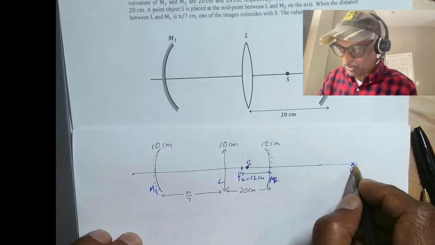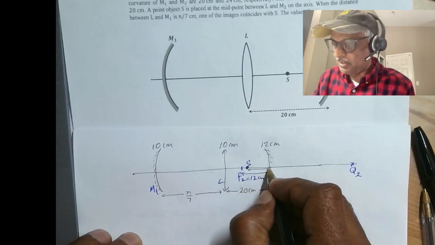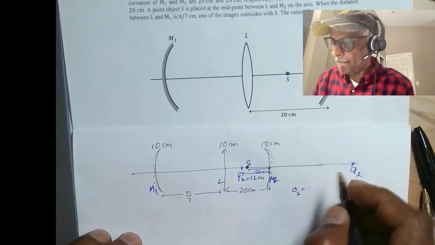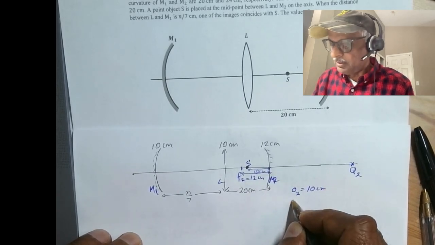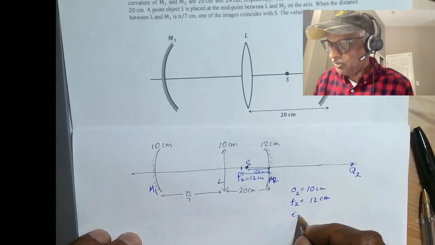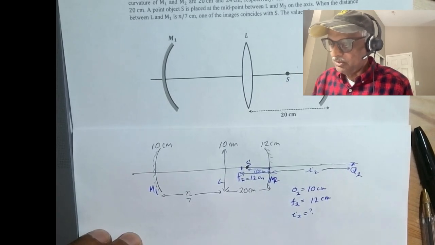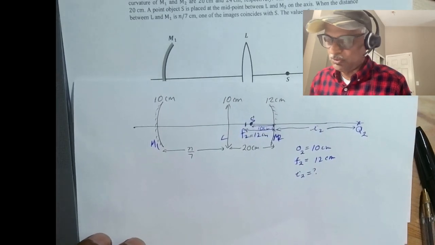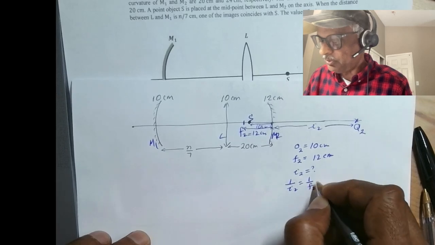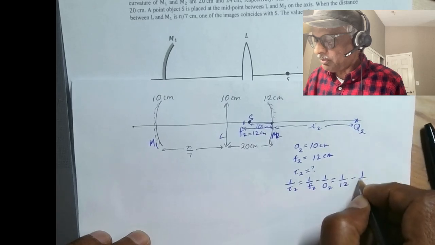So I'm going to start there. The object distance for mirror 2 is 10 centimeters and F2 is 12 centimeters. Then the image distance is just the regular thing: 1 over I2 is 1 over F2 minus 1 over O2, which is 1 over 12 minus 1 over 10.